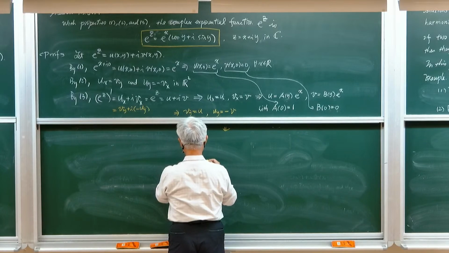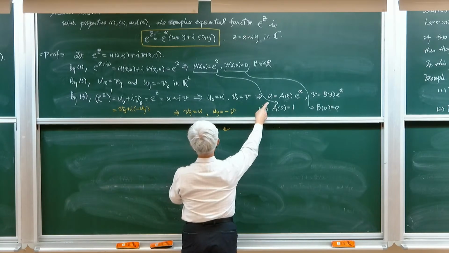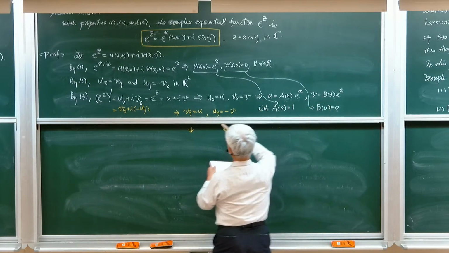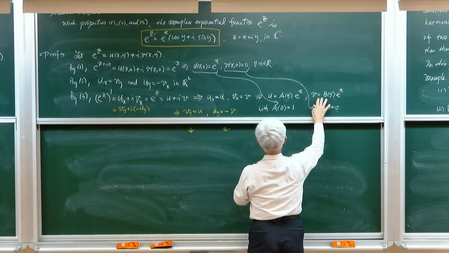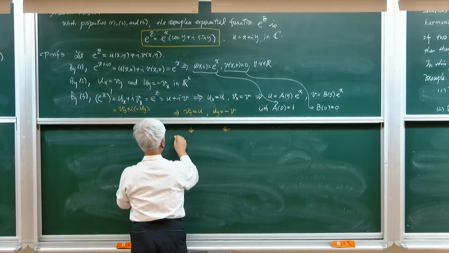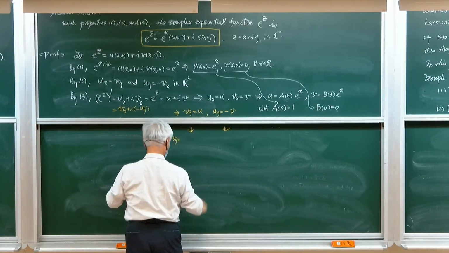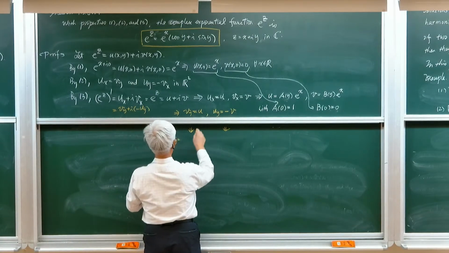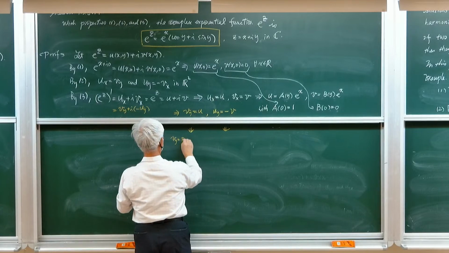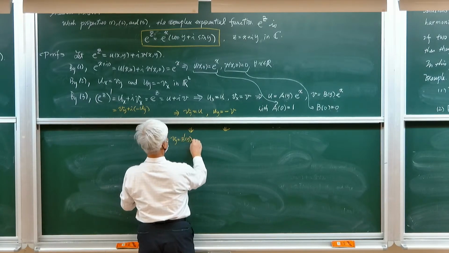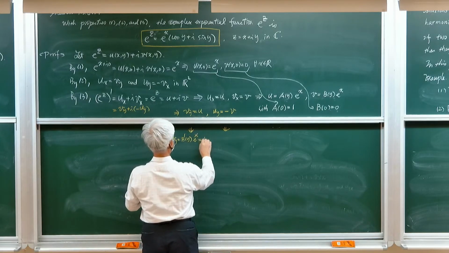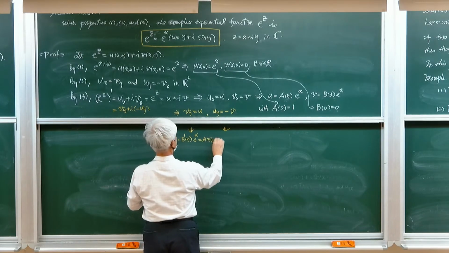When we do this, Vy becomes B prime(y) e^x, which is equal to U, so it's A(y) e^x.